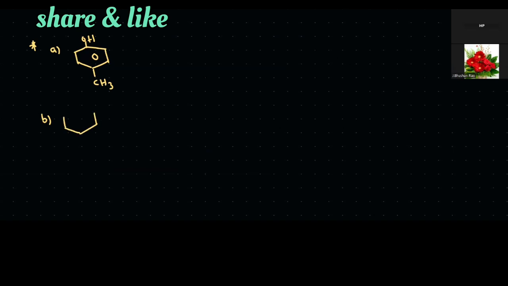Phenol, one CD3 group is attached to the same phenol. Next, phenol with one CT3 group attached at the para position. In these three cases, which one is the more acidic compound?